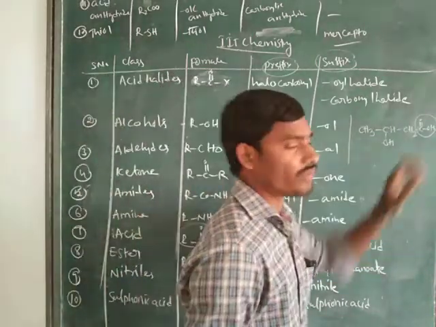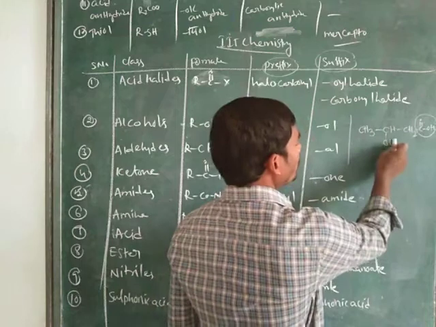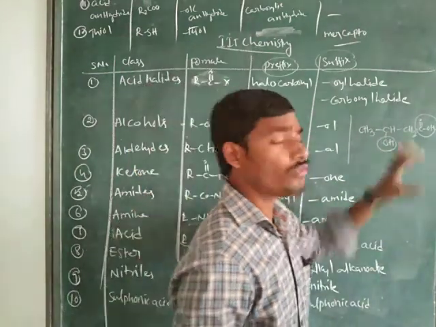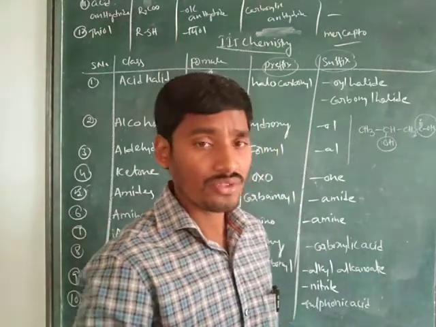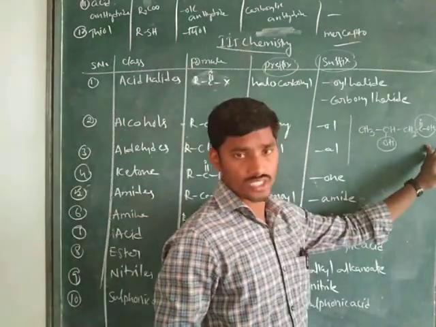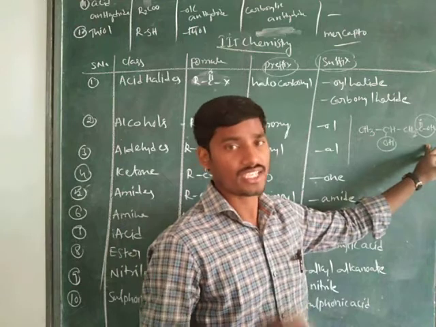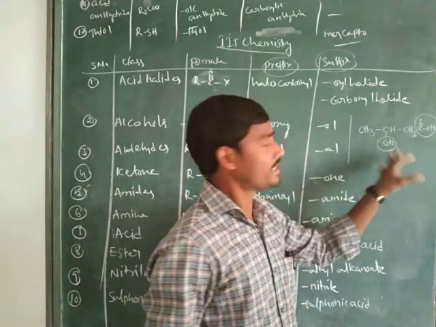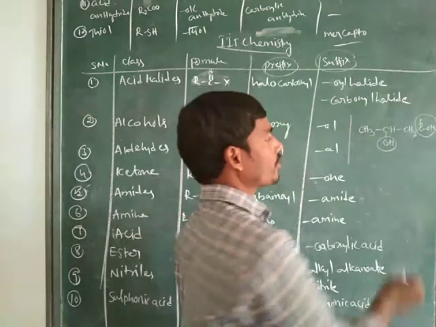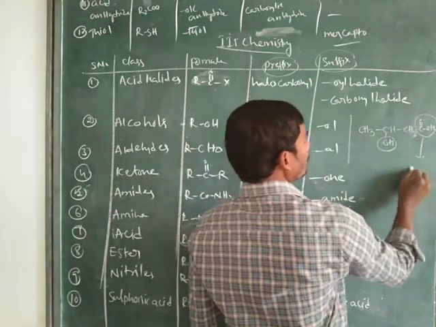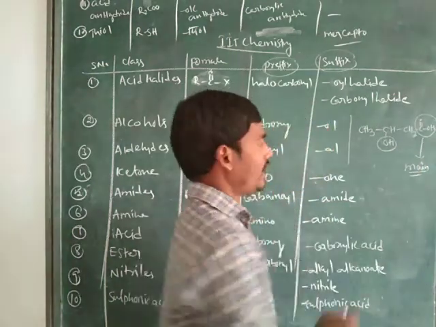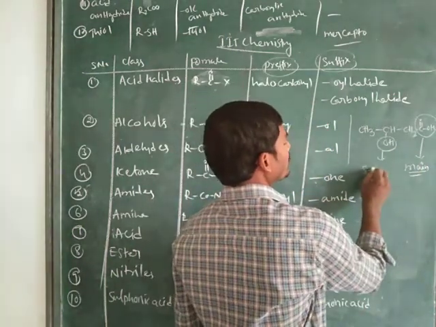And here OH, that is the alcohol functional group. Since there are two functional groups, we have to give the first preference to the acid functional group. Then we give preference to the alcohol. In these two functional groups, the acid functional group is the main functional group, and the alcohol group is the secondary functional group.